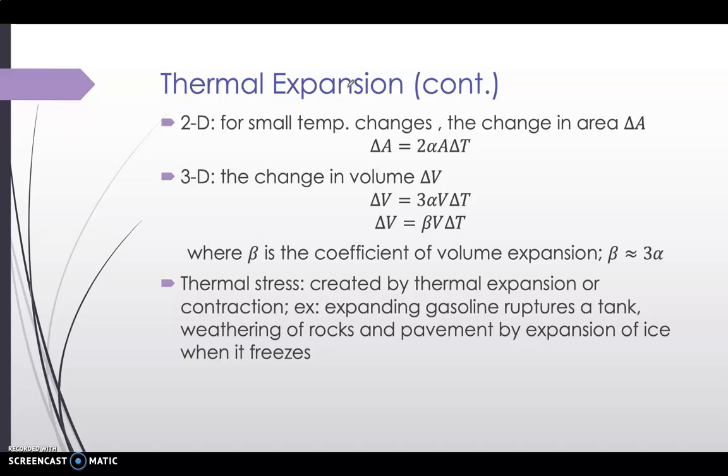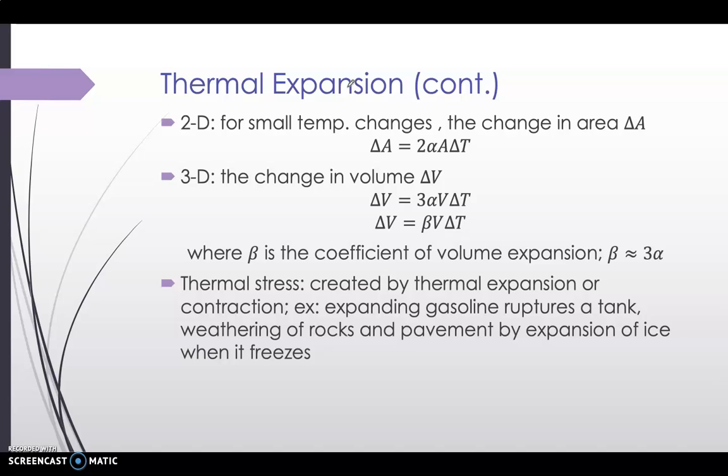Okay, so with thermal expansion, we can also look at this in 2 dimensions and 3 dimensions. So in 2 dimensions, we are looking at small temperature changes, and that is going to be the change in the area.